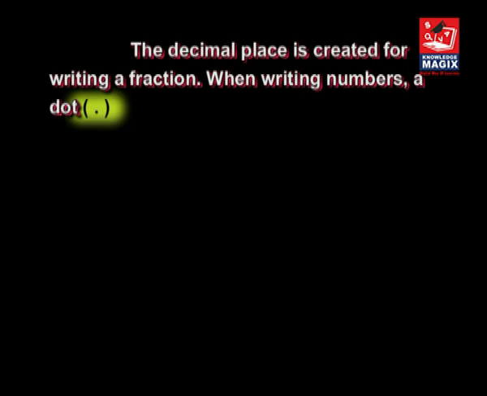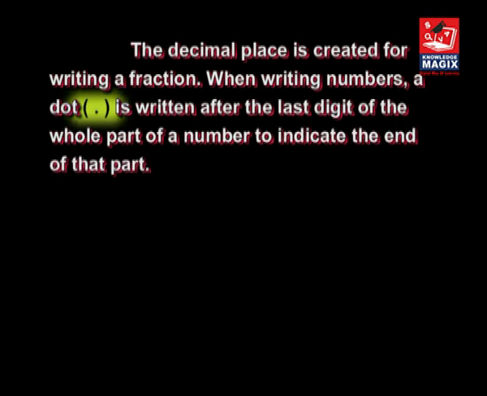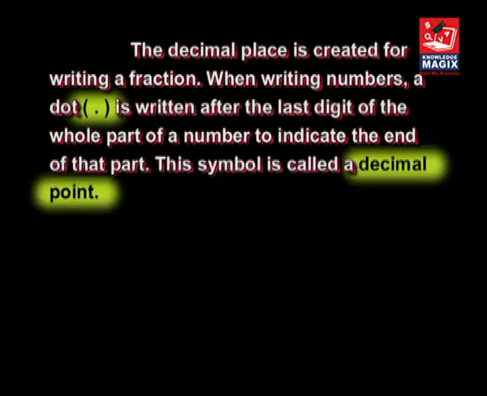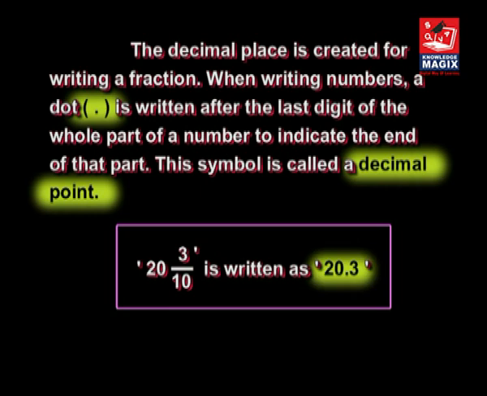When writing numbers, a dot is written after the last digit of the whole part of the number to indicate the end of that part, and this symbol is called a decimal point. For example, 20 and 3 upon 10 is written as 20.3.